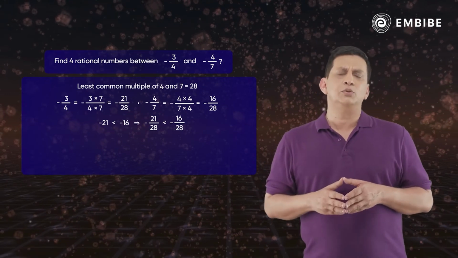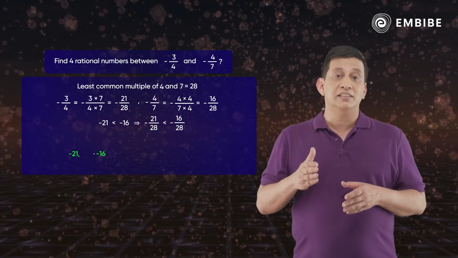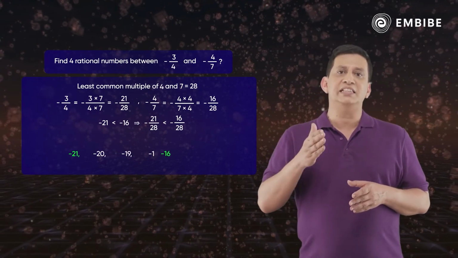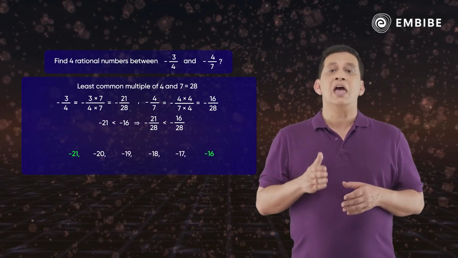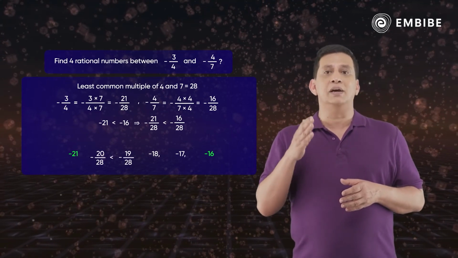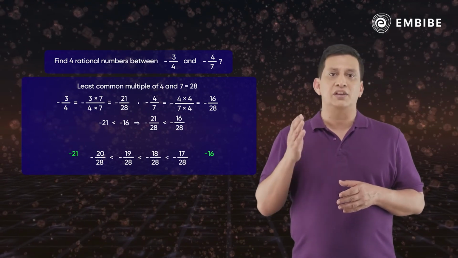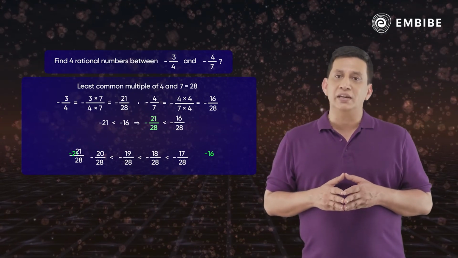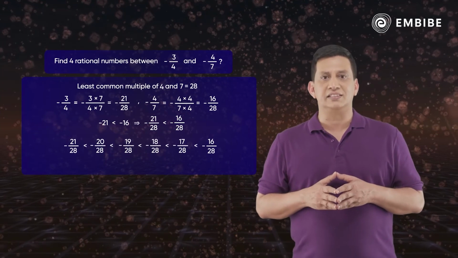We know that between minus 21 and minus 16, there exist the integers minus 20, minus 19, minus 18, and minus 17. Hence, the fractions minus 20 by 28, minus 19 by 28, minus 18 by 28, and minus 17 by 28 would lie between minus 21 by 28 and minus 16 by 28.